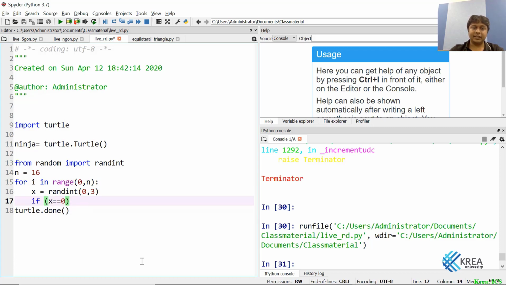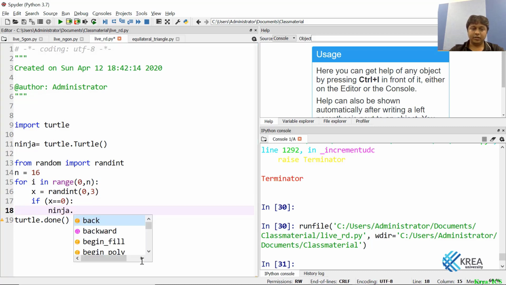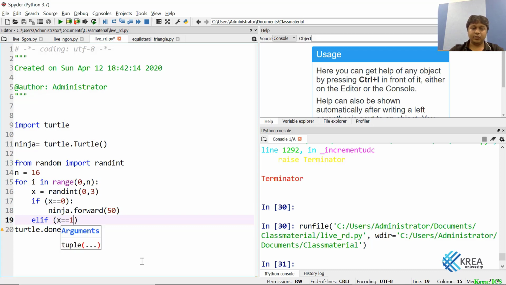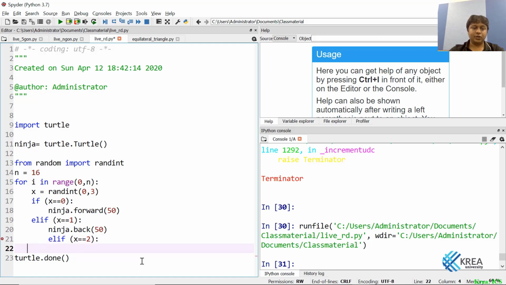That is, for instance, if x is equal to 0, then ninja dot forward 50. If x is equal to 1, ninja dot back 50. Else if, let's say, it takes the value 2, then we ask, so there is an alignment issue here, so we're just going to correct that.